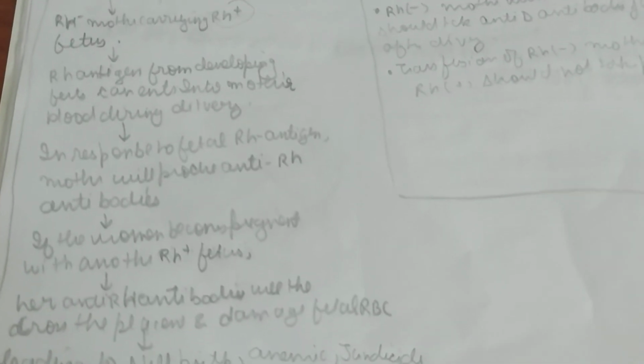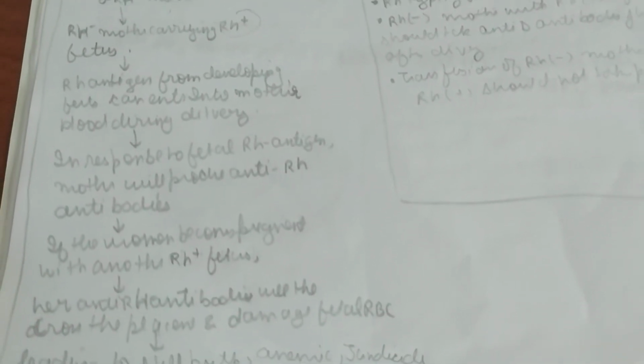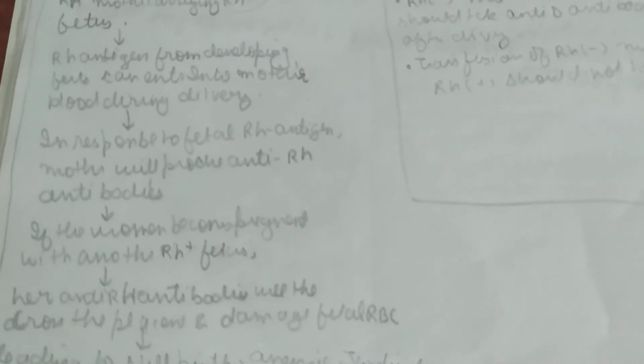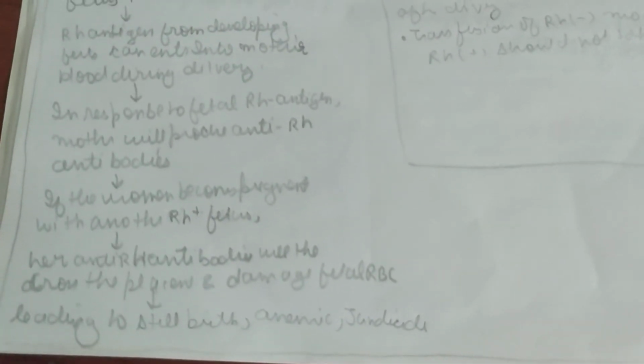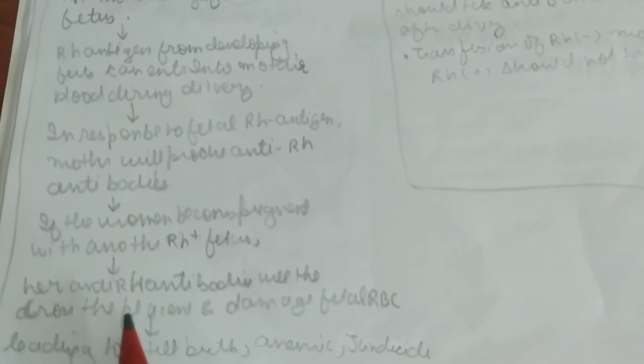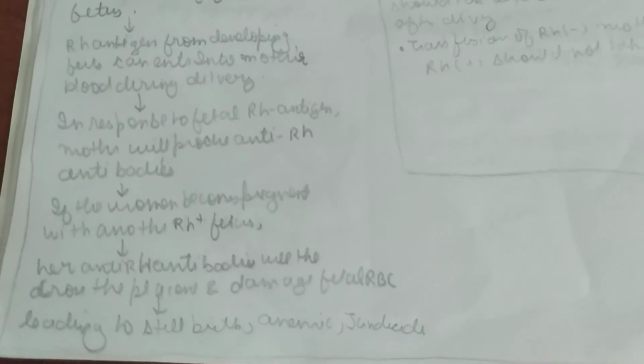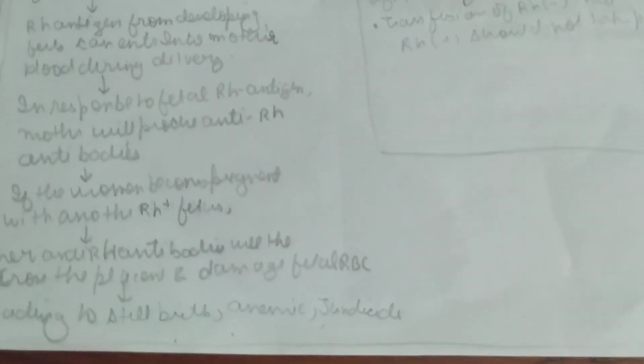In response to fetal Rh antigen, mother will produce anti-Rh antibodies. If the woman becomes pregnant with another Rh positive fetus, her anti-Rh antibodies will cross the placenta and damage fetus RBC, right, leading to stillbirth, anemic, and jaundiced fetus.